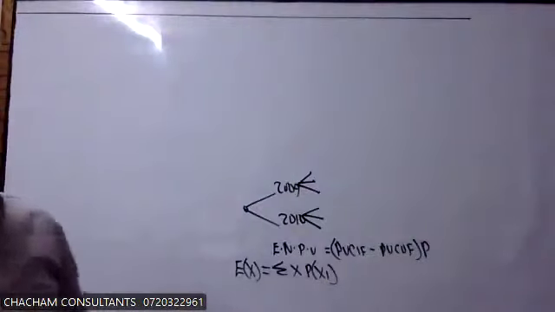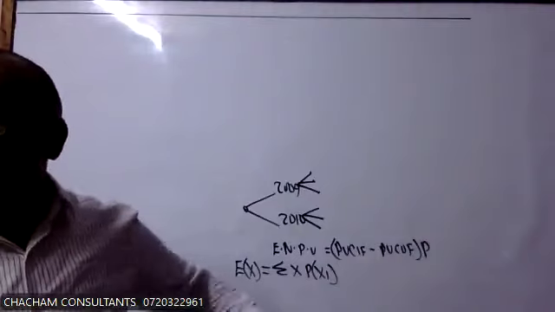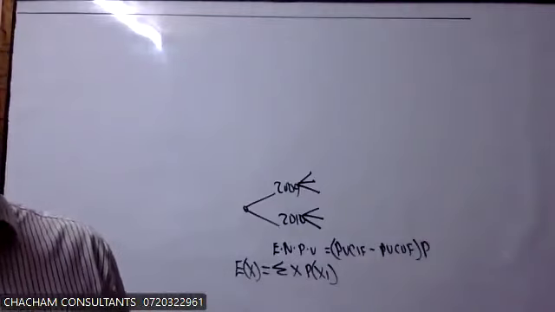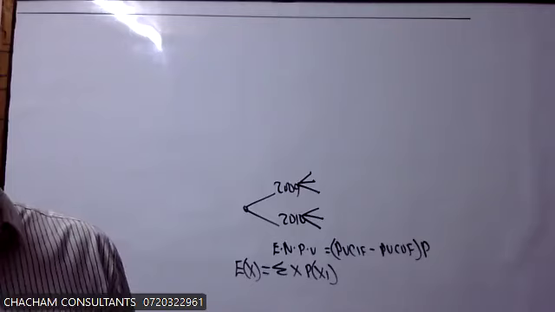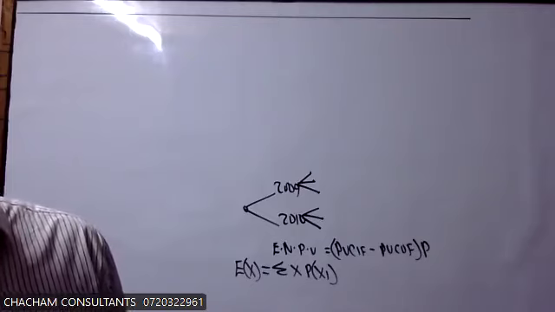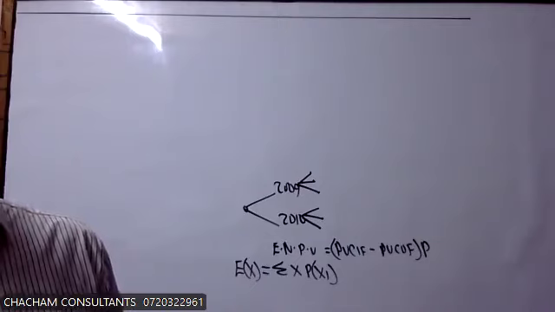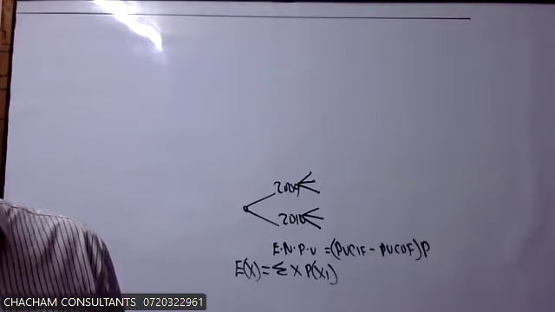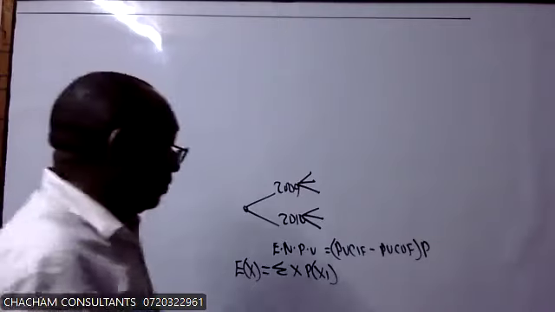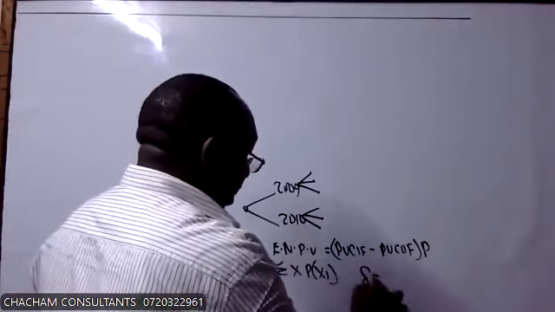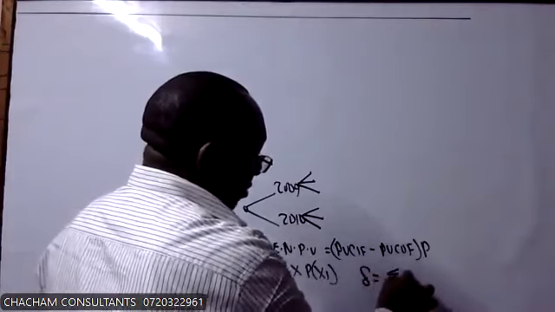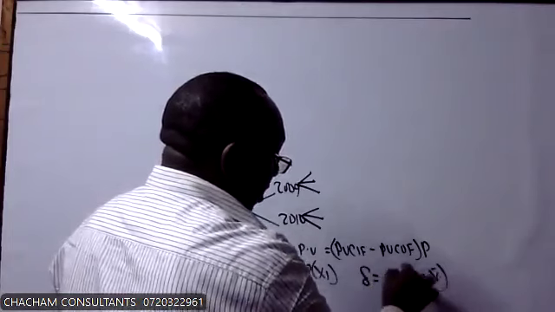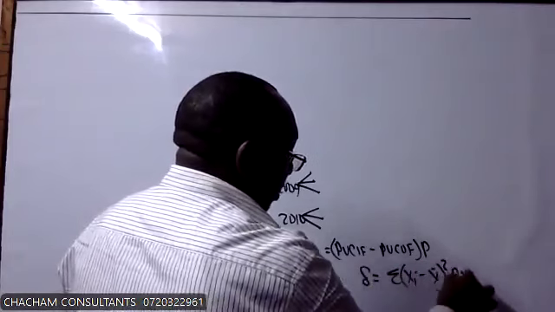And also, you need to put in mind what else you are required to do. They require us to get the standard deviation. We know the formula of standard deviation. Standard deviation, although tutaandika vizuri, it is the square root of the sum of xi minus x bar squared times probability of xi.